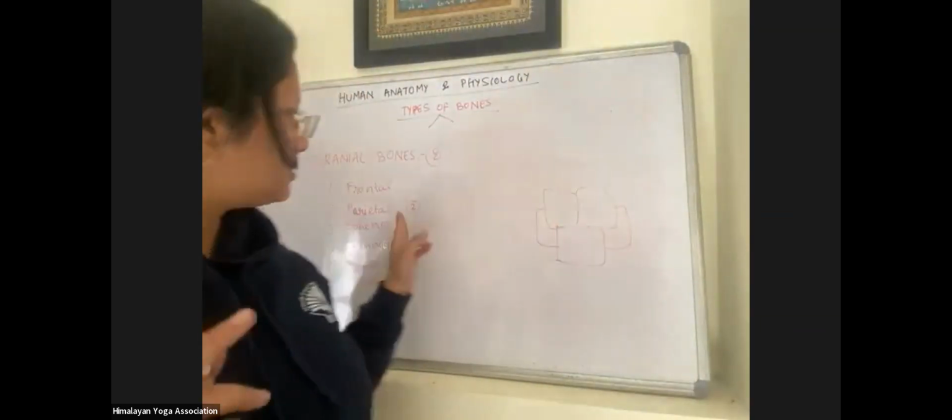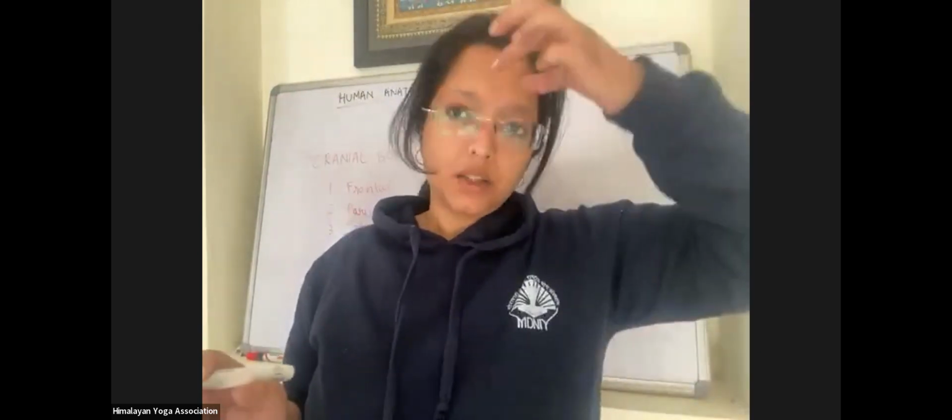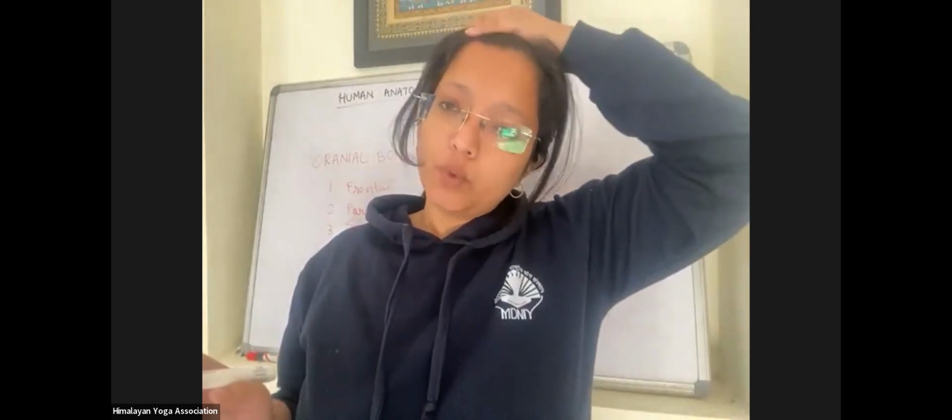So you see the skull, it feels like just 1 bone, but it is not 1 bone. It is several, we have studied 8 bones, but we do not feel them. Why? Because the joints in the cranial bones are immovable. Like you can move your shoulder, you can rotate it, you can do so many functions with this joint, but the joints in our cranial bones are immovable.